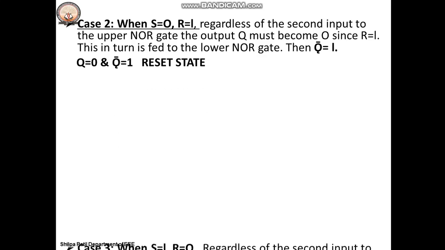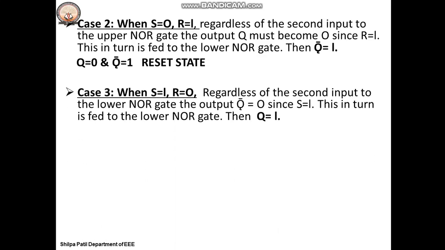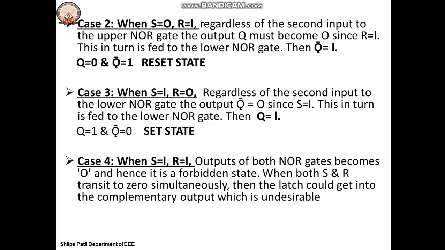Similarly, analyze by taking S is equal to 1, R is equal to 0. You will get Q as 1 and Q bar as 0, right? Hence we call it a set state. Okay. So when you analyze S is equal to 1, R is equal to 1, right? So when both the inputs are 1, 1, we will get both the outputs of the NOR gates as 0.